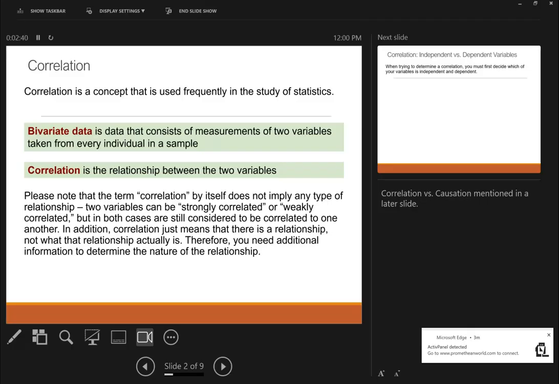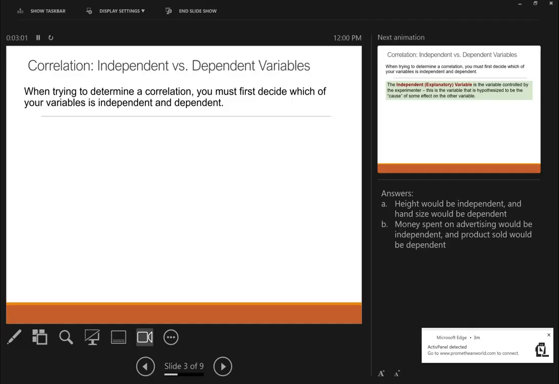And we have no indication from the measurement or the term correlation what that relationship is, whether it's a linear relationship or quadratic or exponential or some other shape. So to determine any of that, we're going to have to look at something else.